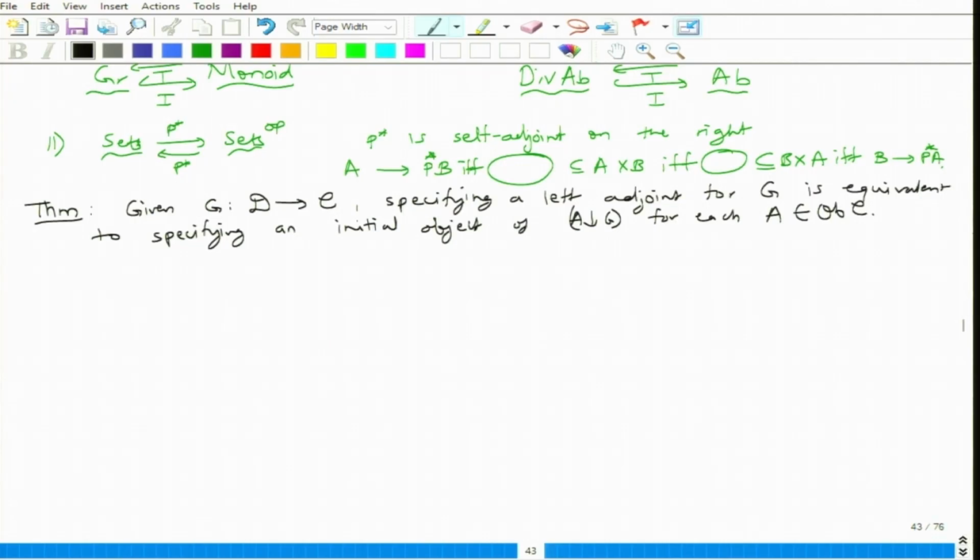Yeah, here we are talking about the initial object version.